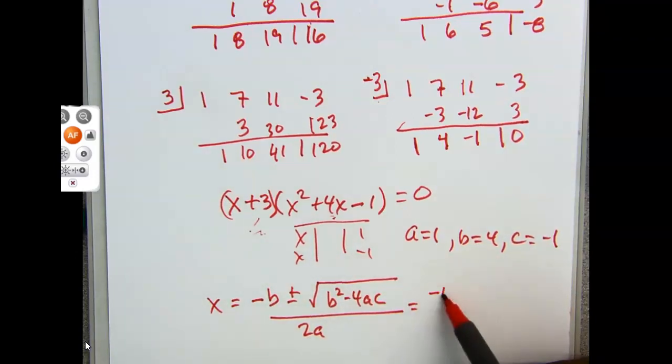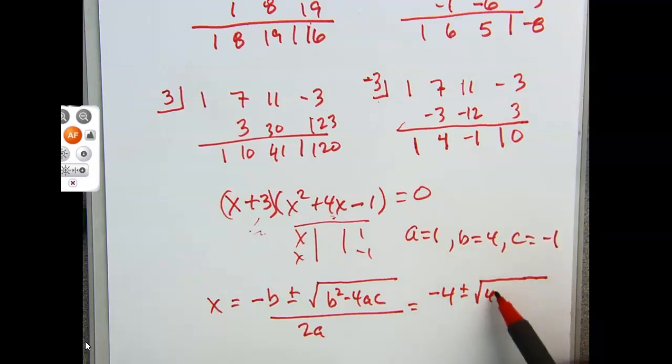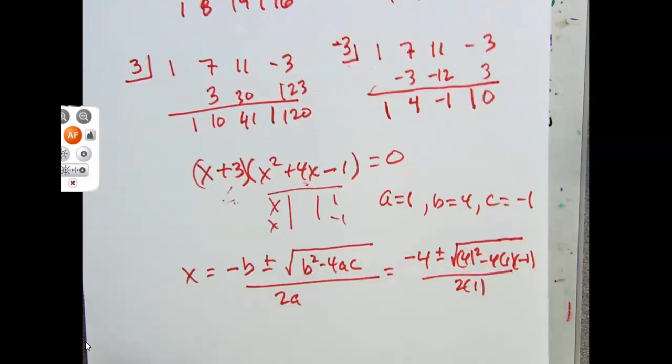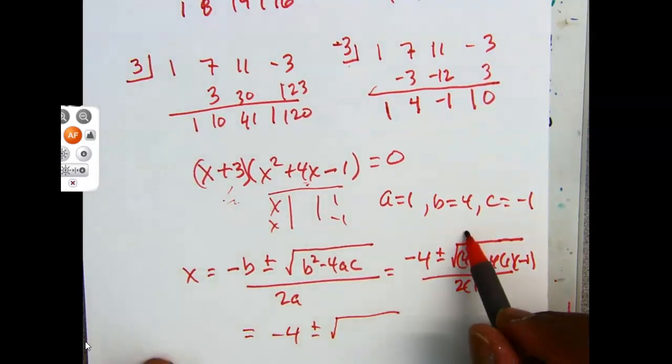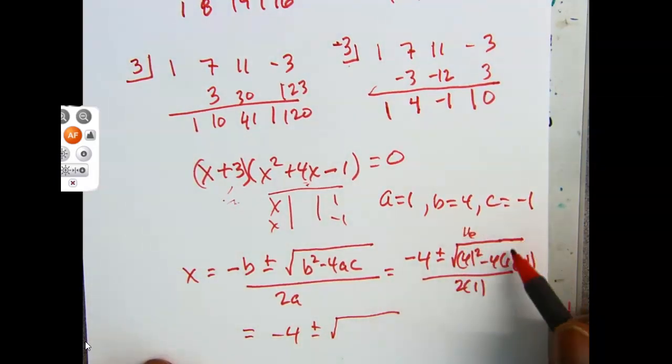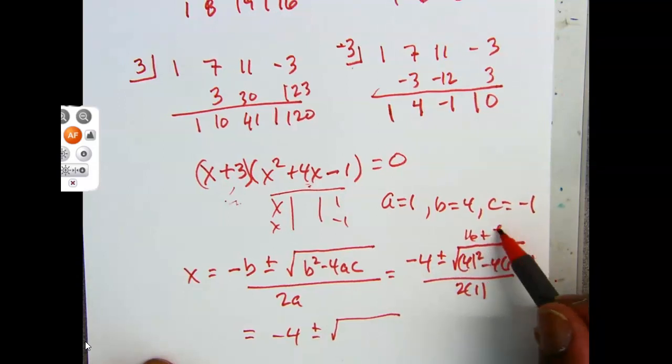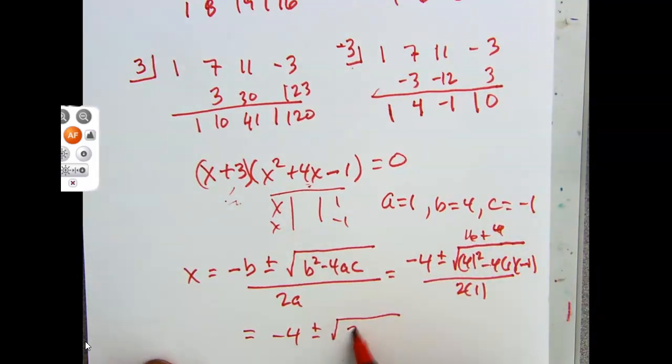So that's going to be negative 4 plus or minus the square root of 4 squared minus 4 times 1 times negative 1, all over 2 times 1. And it's negative 4 plus or minus the square root. So 4 squared is 16 minus a negative, so that's plus 4. So that'll be the square root of 20 divided by 2.